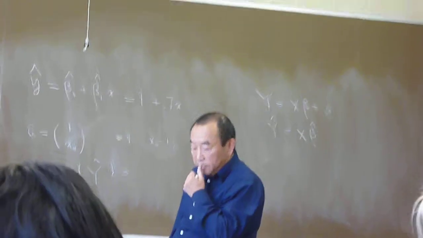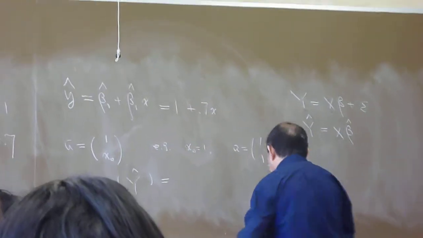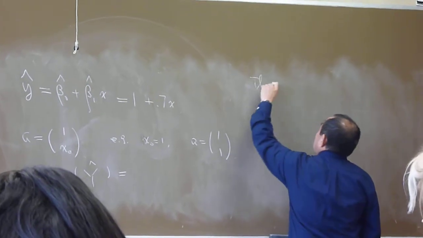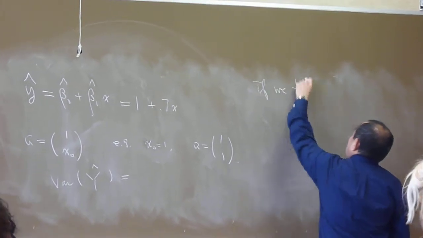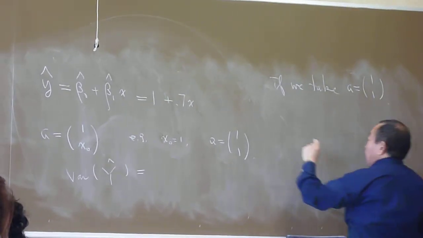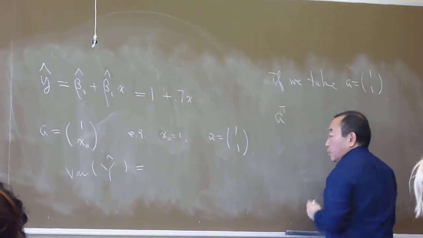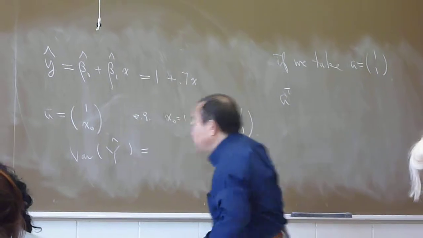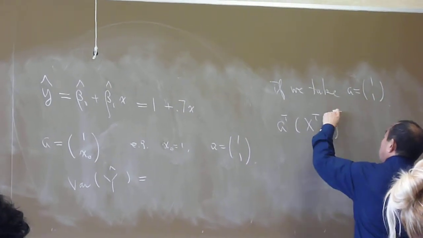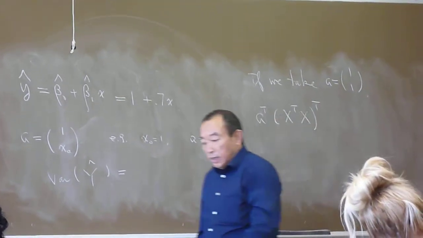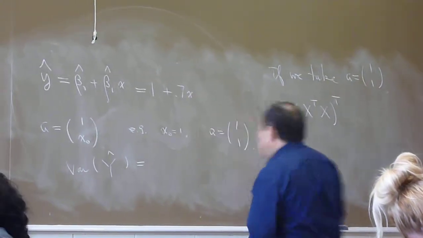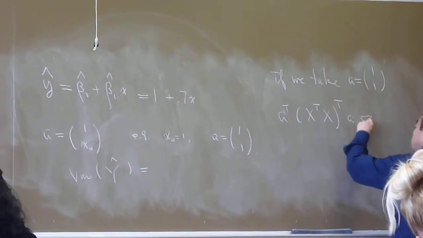For example, let me say the following. If we take a equal to 1, 1, I'm looking at a transpose times x transpose x inverse times a, times sigma squared.